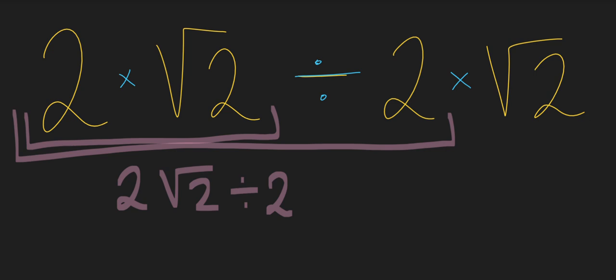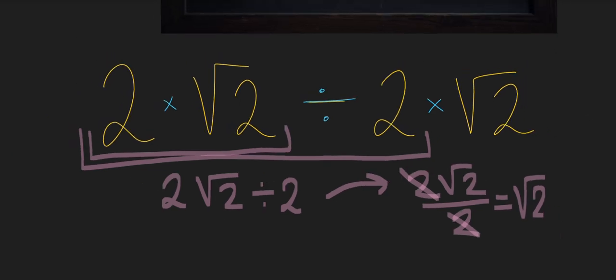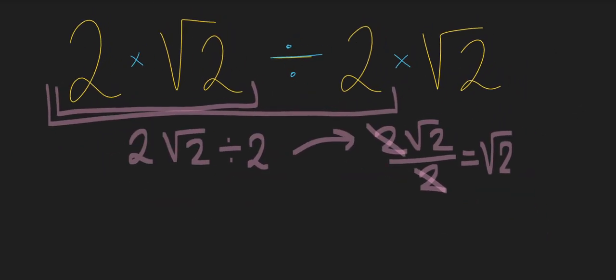Now here, you can write it for a second as a fraction: 2 square root of 2 divided by 2. The 2 and 2 go away, so this is basically equal to square root of 2. So we did the first three of them, and so far we have square root of 2.